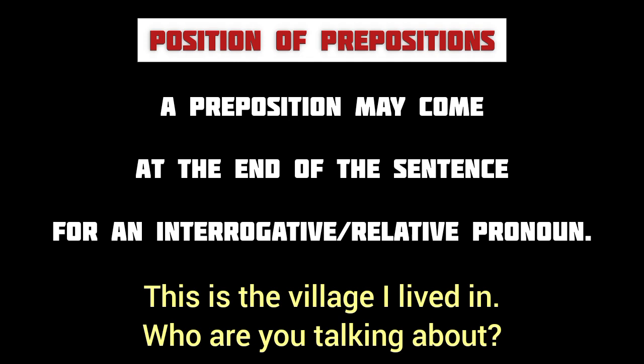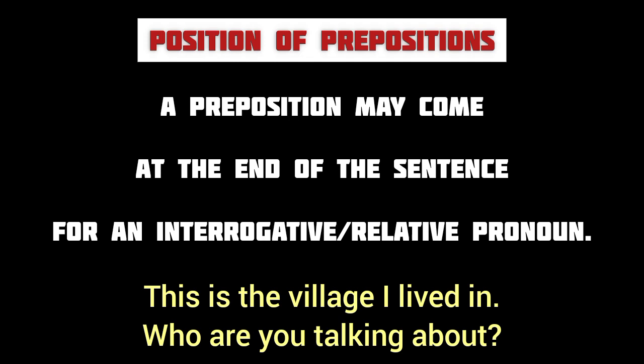Now about the position of prepositions in the sentence. Generally, a preposition comes before a noun or a pronoun in the sentence. However, it may come at the end of a sentence in the case of a relative pronoun or an interrogative pronoun.